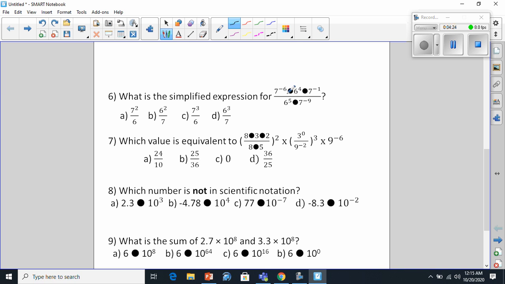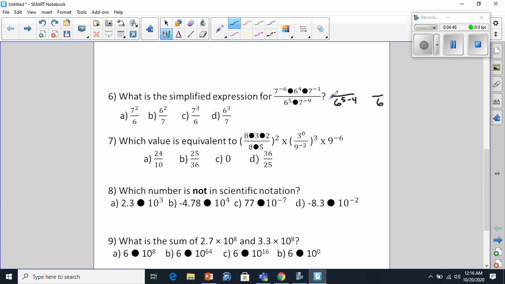Since 5 is bigger, we'll move 4 down there, and that will turn to a negative 4. So that's going to end up being 6 all by itself, because that's going to be 6 to the 5 minus 4, and that's going to be 6 to the 1st, right?